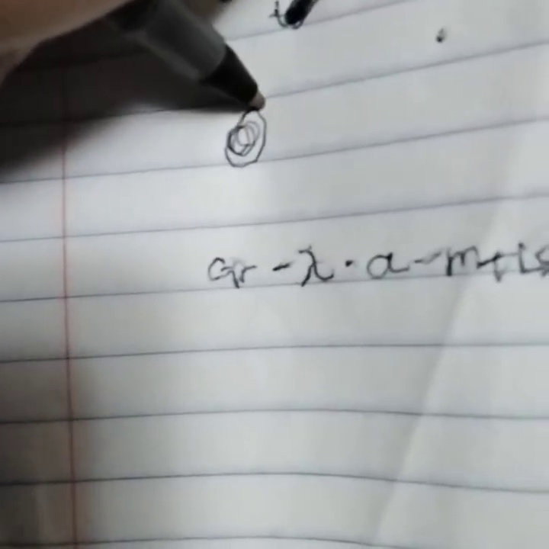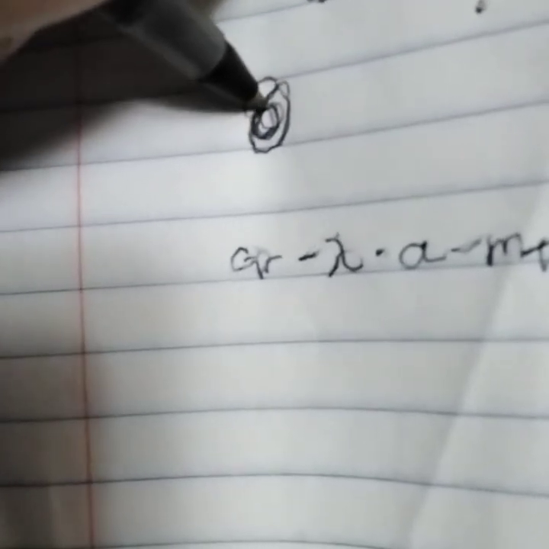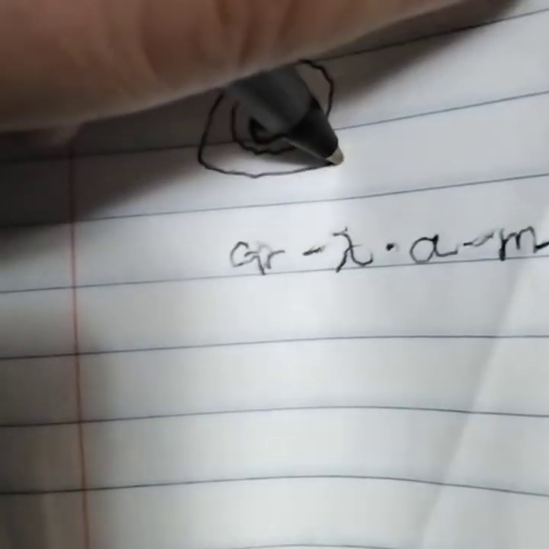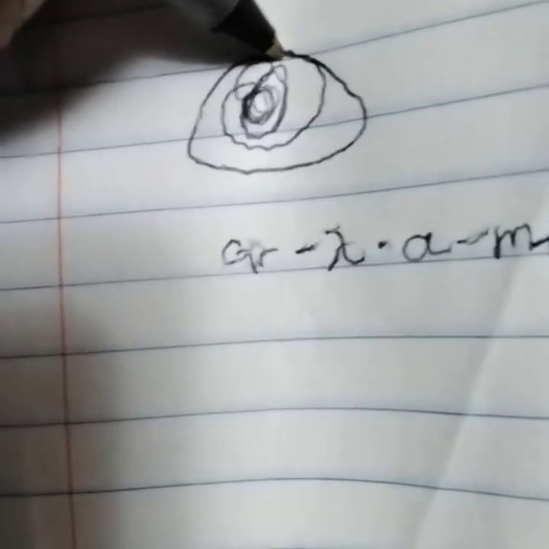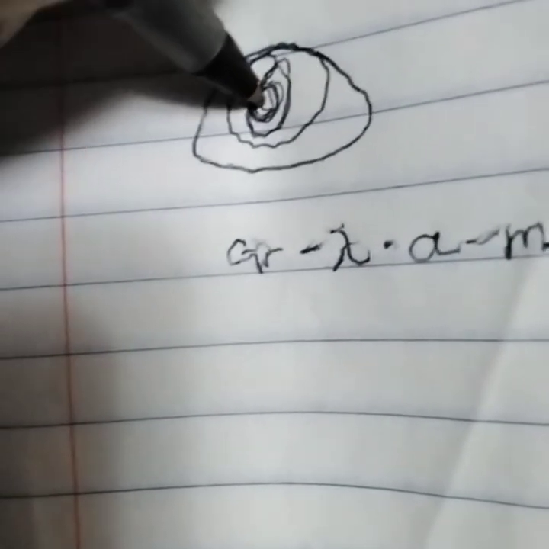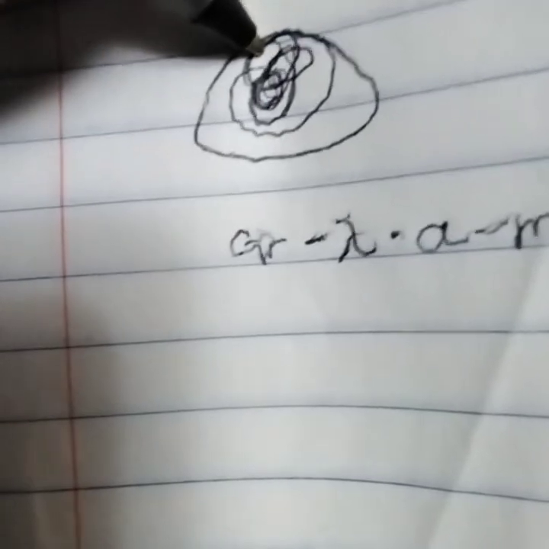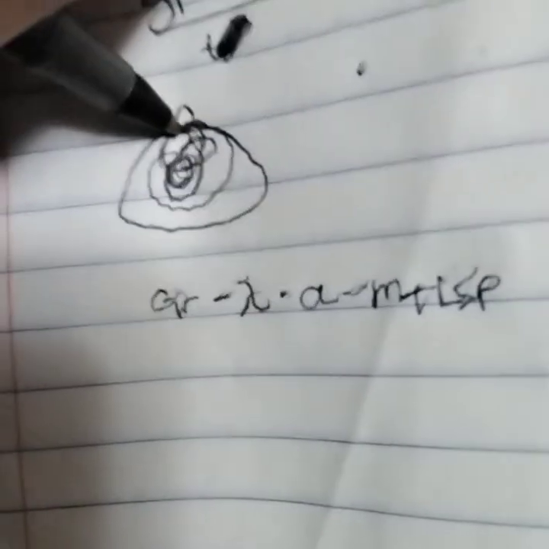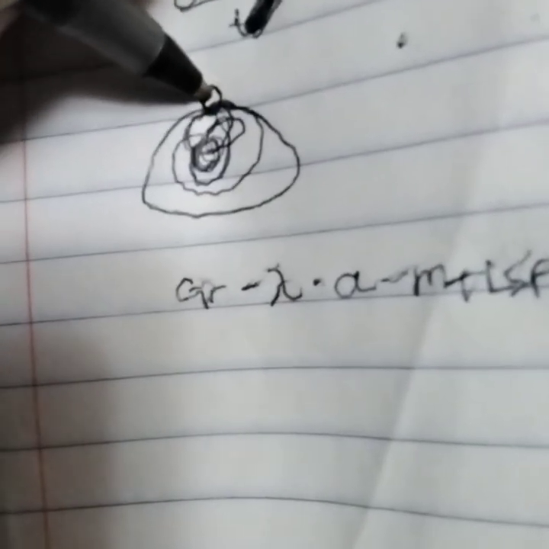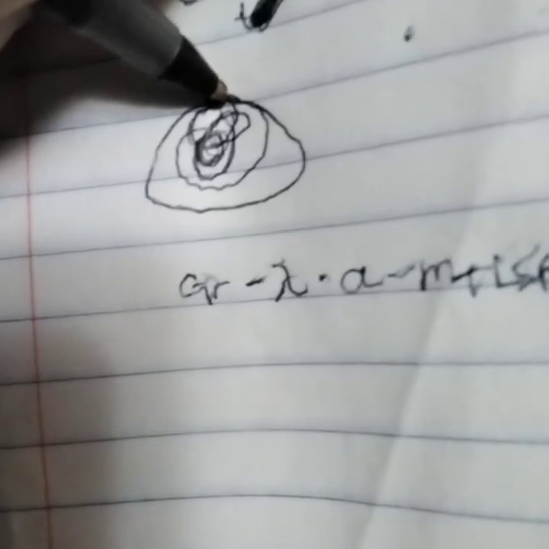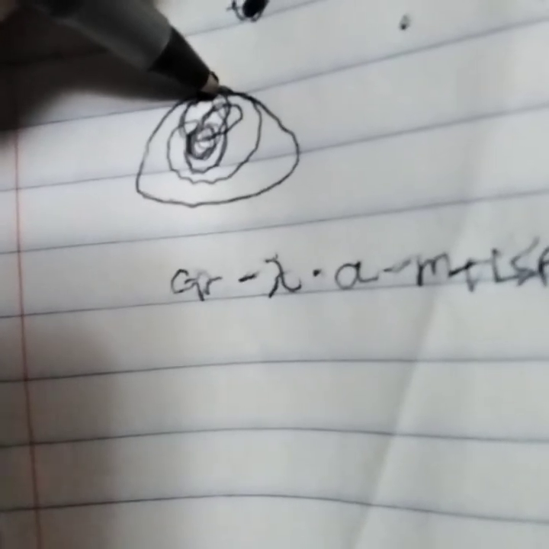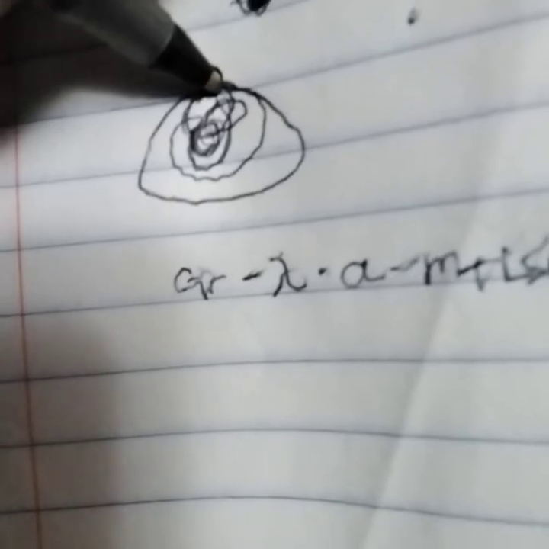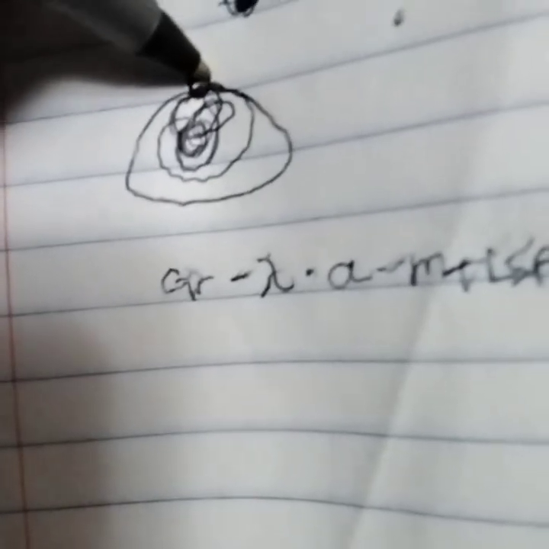Graviton minus wavelength times acceleration minus mass, it must be times light speed, I think, but it could be times light speed, either way.